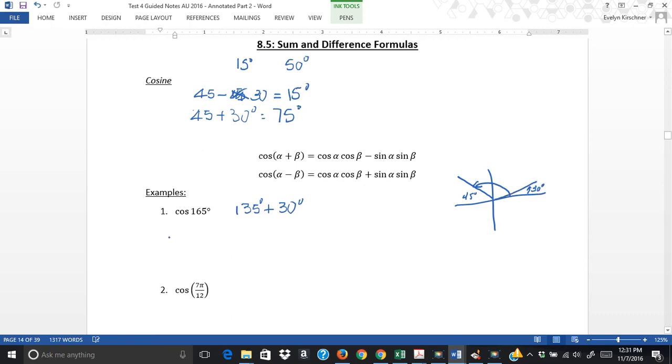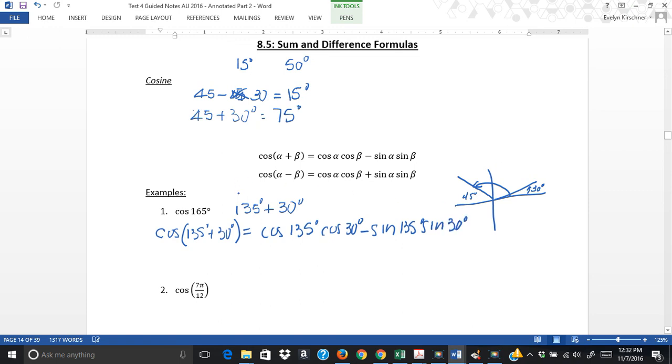So if I want to find it, then I would write cosine of 135 plus 30, and that's going to equal cosine of 135 degrees, cosine 30 degrees, minus sine of 135 degrees, sine of 30 degrees.